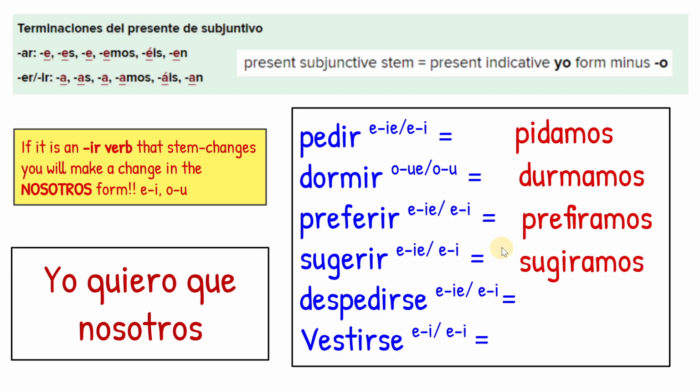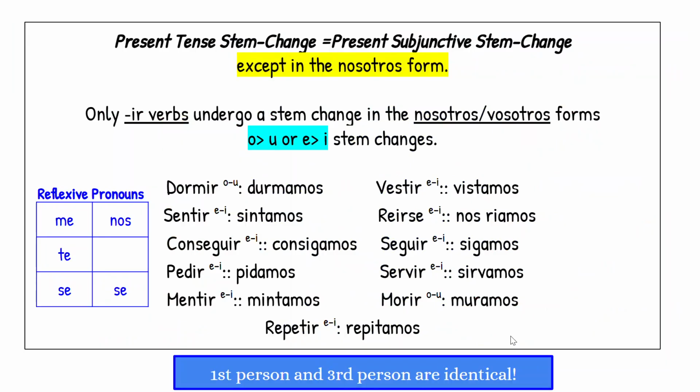Yo quiero que nosotros sugiramos. Yo quiero que nosotros nos despidamos. Yo quiero que nosotros nos vistamos. Take a screenshot of this. These are additional IR stem changing verbs that will change from O to U or E to I in the nosotros form subjunctive.